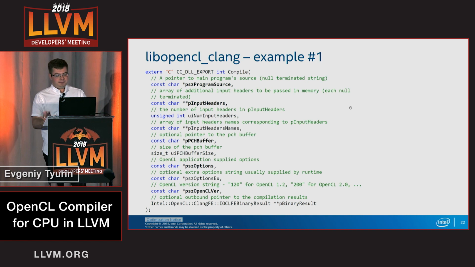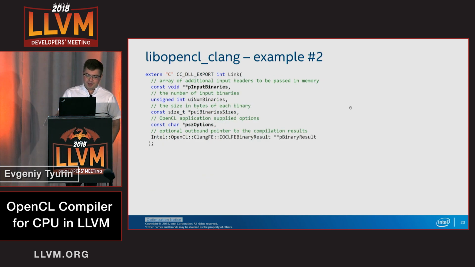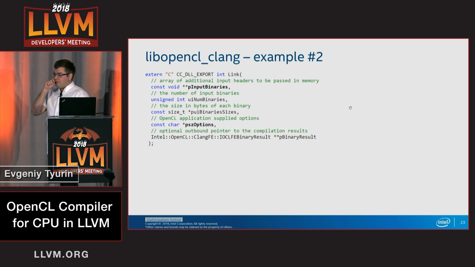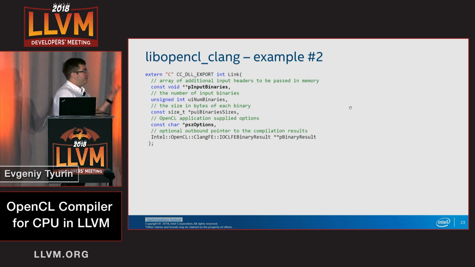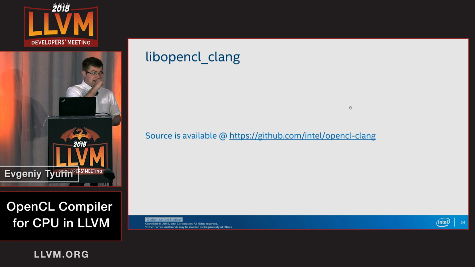We also pass different compile options that the OpenCL developer provides, and we pass an OpenCL version there. Here is an example of a link method. It just takes the input binaries and links them together with the options provided by the user. This library is open sourced, so everyone is welcome to take a look.